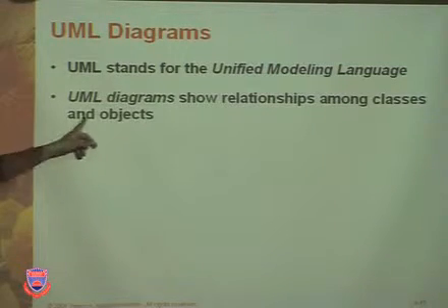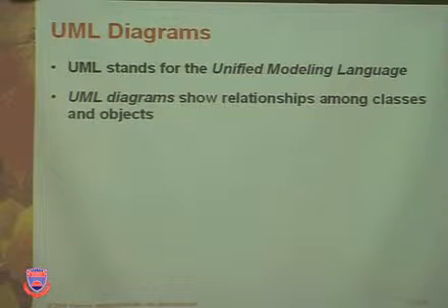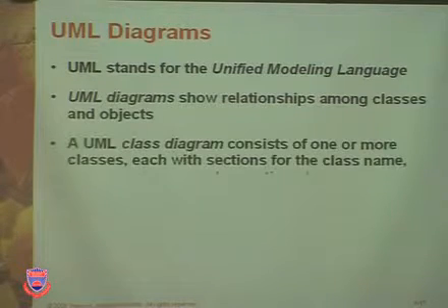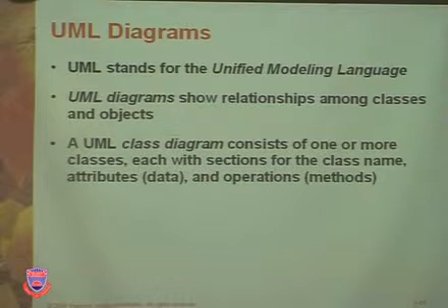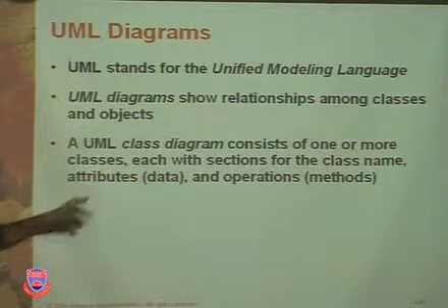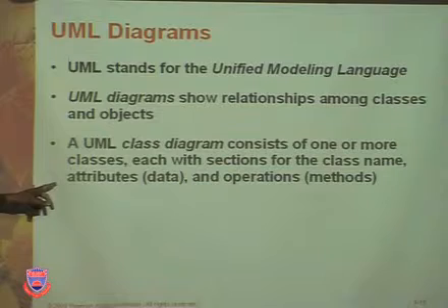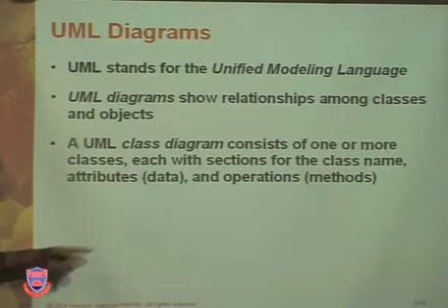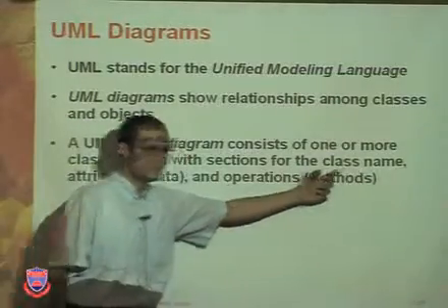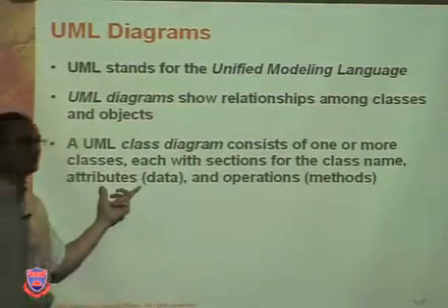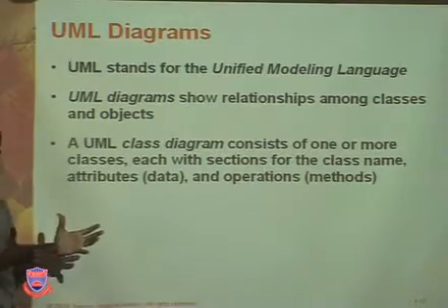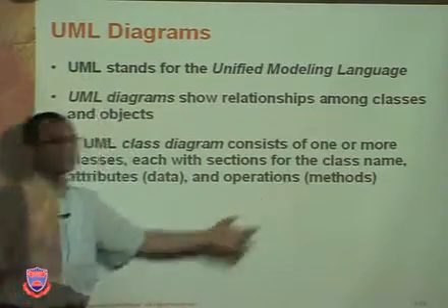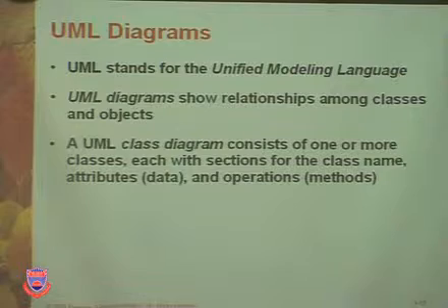It shows the relationships among the classes and objects, such as which one is inheriting the properties of which one, which class uses what classes, objects, and so forth. I will briefly show you an example of that. It is composed of one or more classes with a class name. These are the must-have parts: the class name, then the attributes, the data that it is going to use and store, and the methods, the operations it is going to perform.